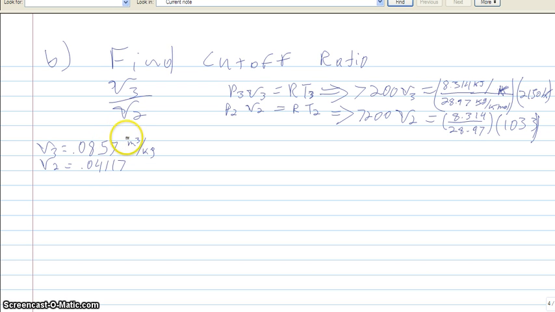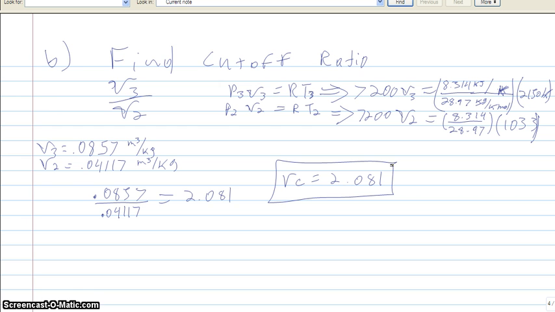V3 equals 0.0857 meters cubed per kilogram, and V2 equals 0.04117 meters cubed per kilogram. So now we can find the cutoff ratio: 0.0857 divided by 0.04117, and that will give you 2.081. So rc equals 2.081. That's part B.